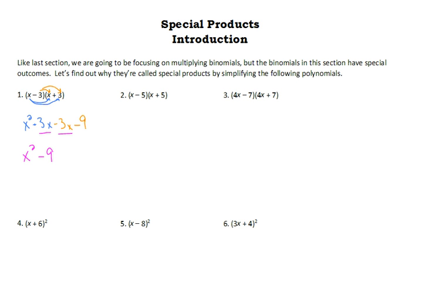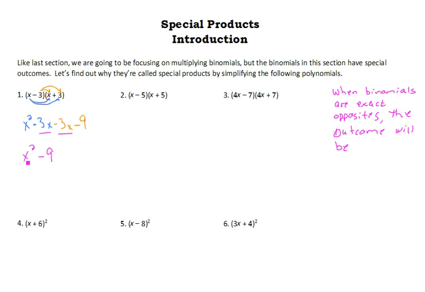So when we look at this rule, we are going to say when binomials are exact opposites, the outcome will be different. We see that, but what's different? Well, let's compare x to x squared. It's the square of x.